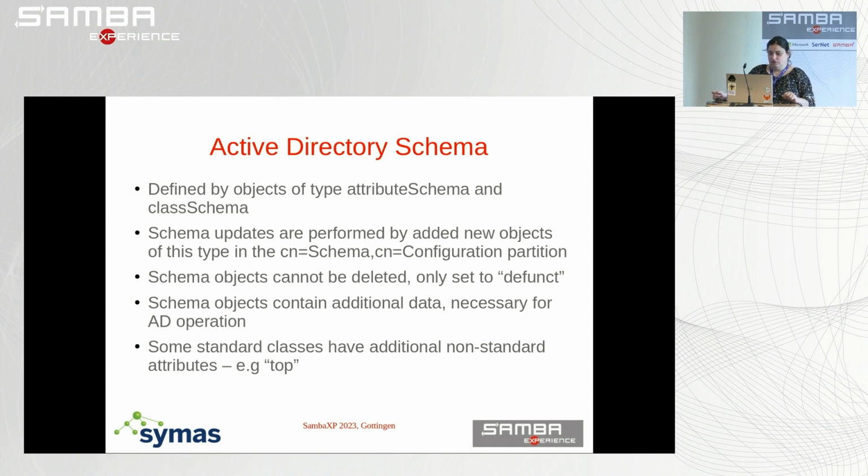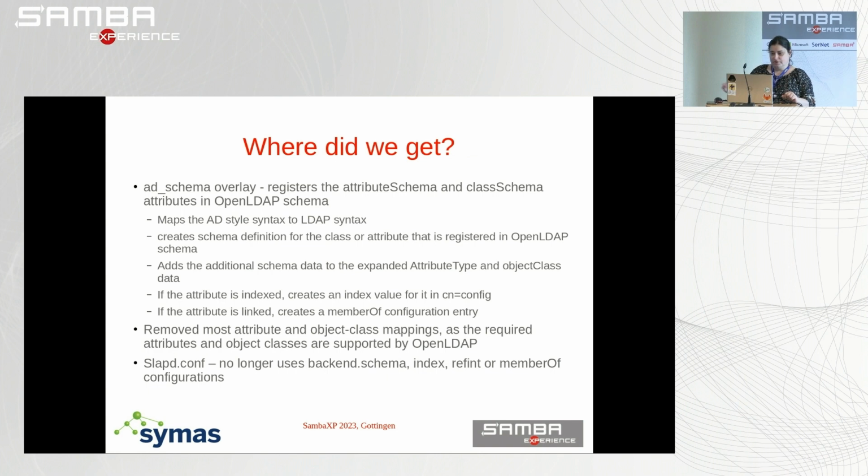And where we got is basically the most successful thing of this approach: we wrote an AD schema overlay, which receives, during provisioning from Samba, the Active Directory schema information as an add request.